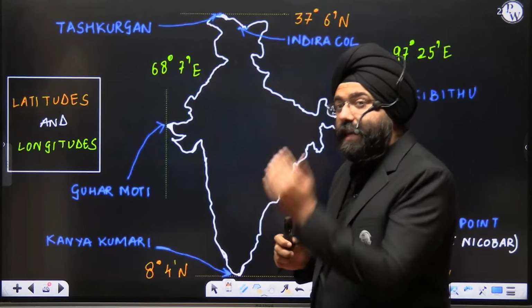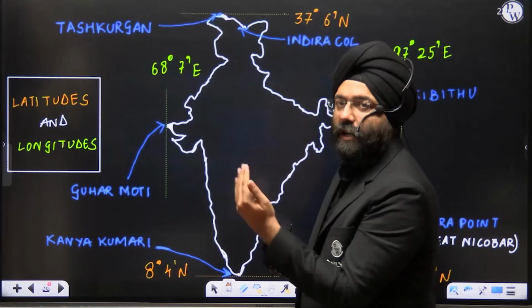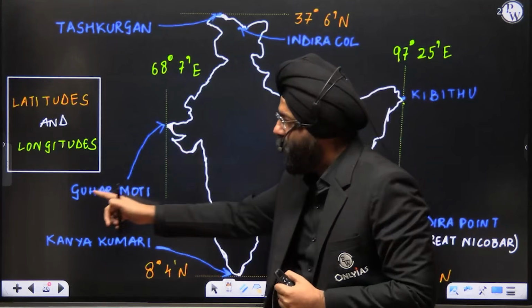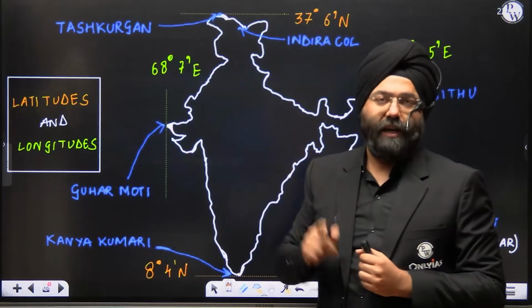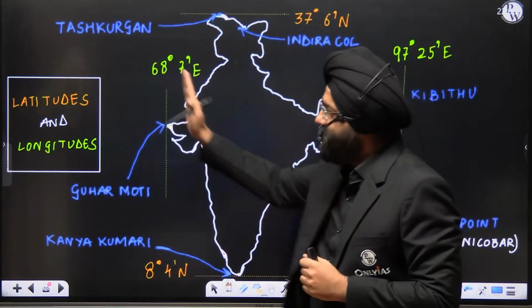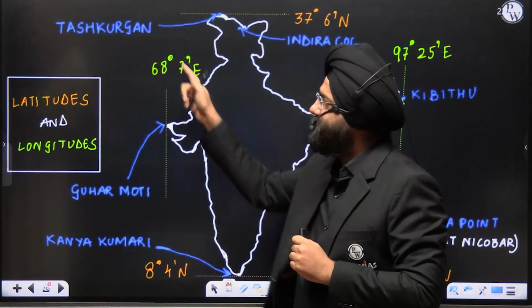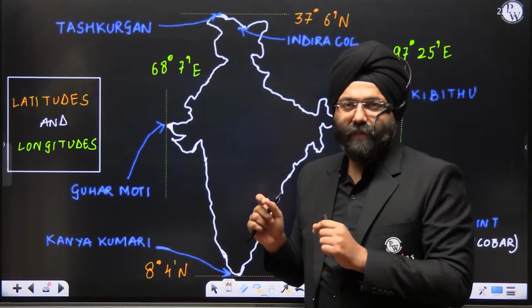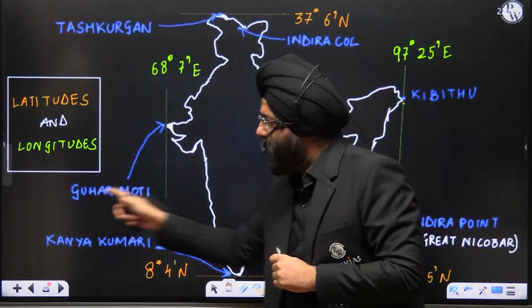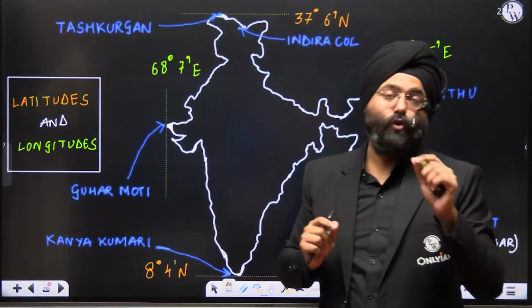This is the westernmost part of India. The particular place is Guhar Moti, which is in Gujarat. Again repeating, the westernmost extent with respect to longitude is 68 degrees 7 minutes east, and the point is Guhar Moti in the state of Gujarat.